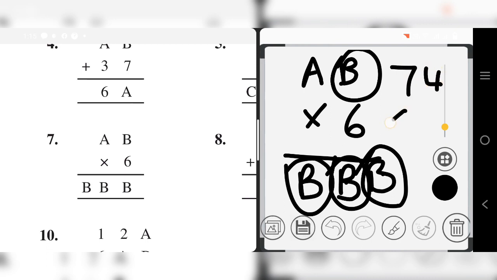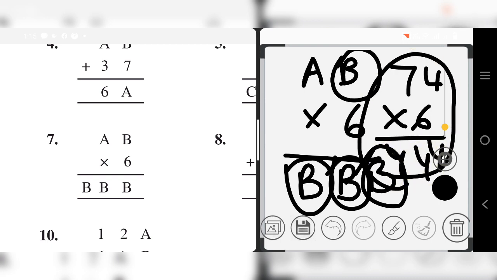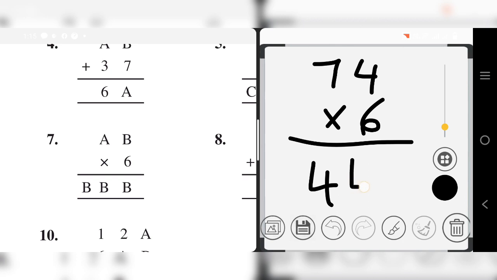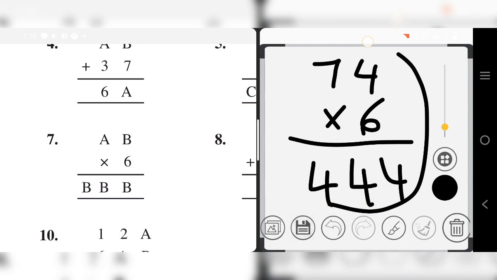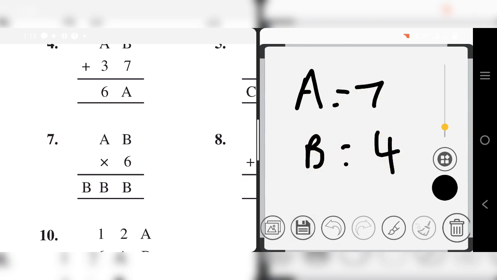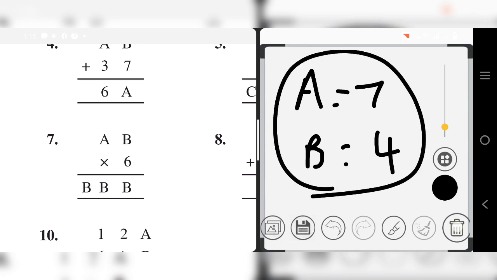If we multiply 74 into 6, we get 444, but not all the other numbers. So let me write neatly. 74 into 6 is 444. If you want, verify it. Okay, so the last answer is A is equal to 7 and B is equal to 4. So we have found the answer.